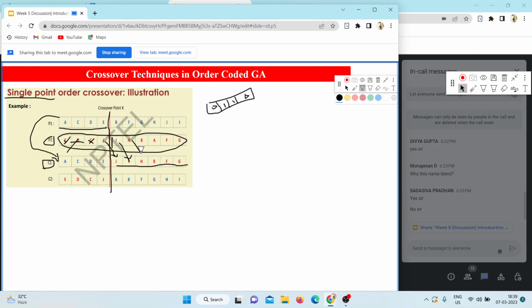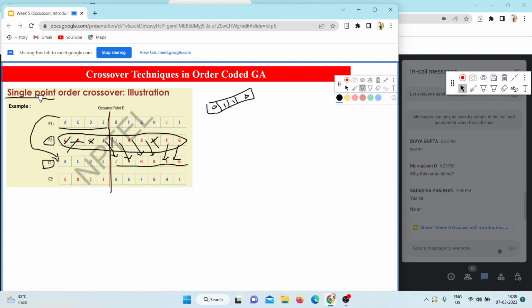Similarly, H, B. A is already there, so again we cut it and do not transport. F is not there yet, so we put it here. G is not there, so we put it here.